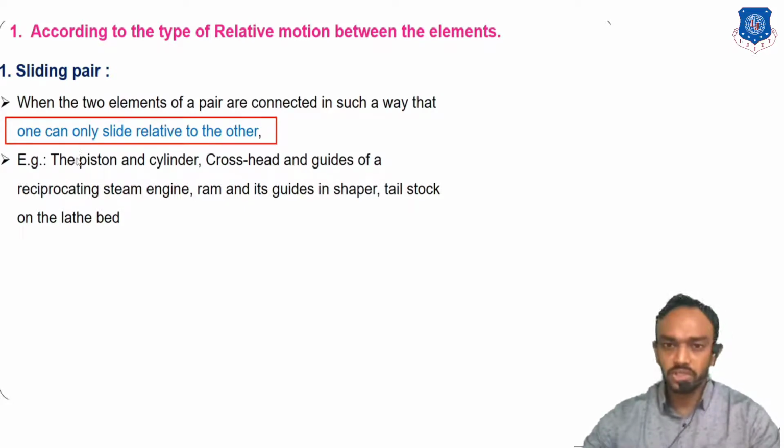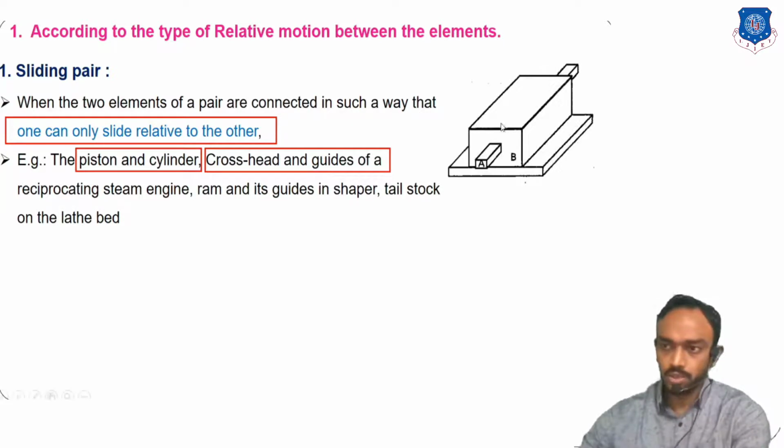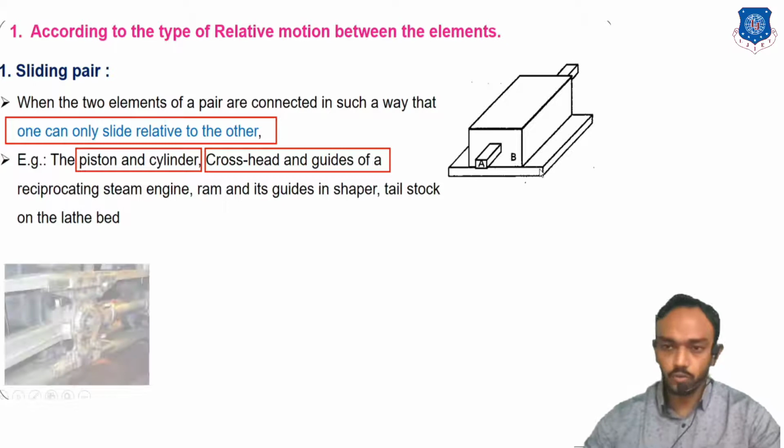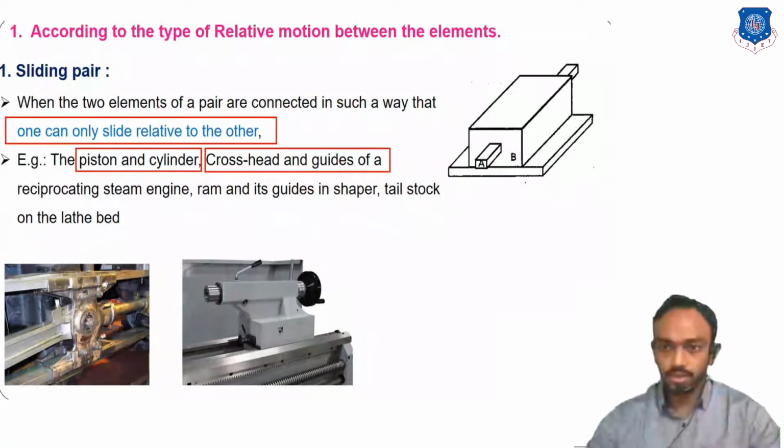Simple. Piston and cylinder you can say as an example. The crosshead you have already seen in the first topic of our lecture. So sliding should be there. You can see a square bar in a square hole, or here the crosshead which is sliding along the guide, and there is a tail stroke on the left bed.